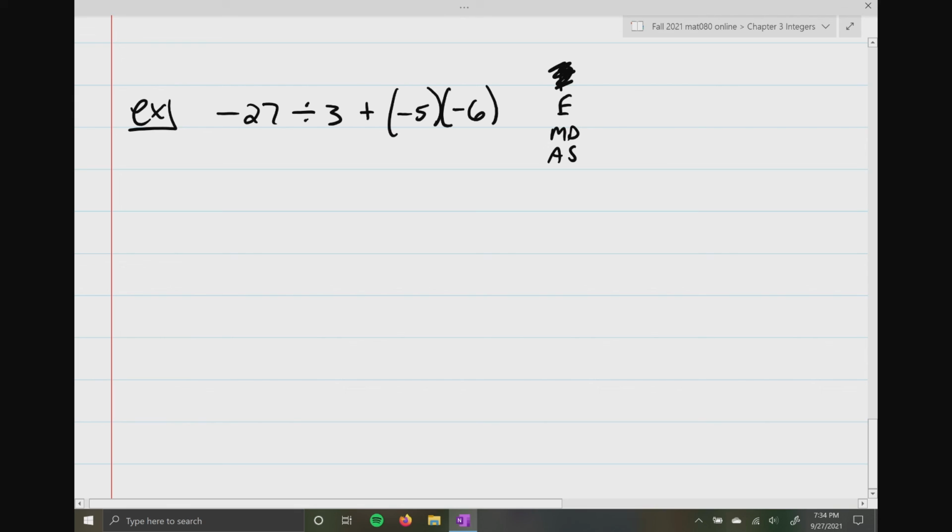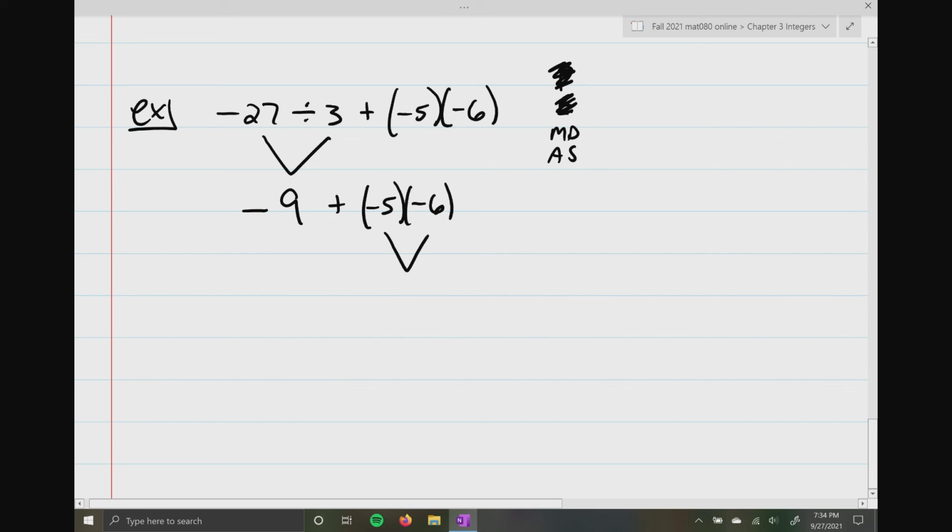Next, we do exponents. Well, I don't see any, so that's okay. That's great. But now we do multiplication, division from left to right in the order in which they appear. So I'm forced to do this first. The easy part, a negative divided by a positive is a negative. 27 divided by 3 is 9. And I'm going to rewrite everything exactly how it looks because I am old school, and that's how I do it.